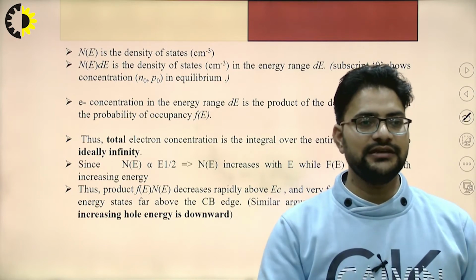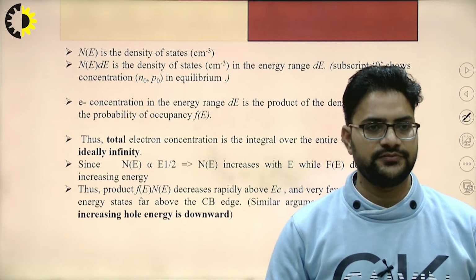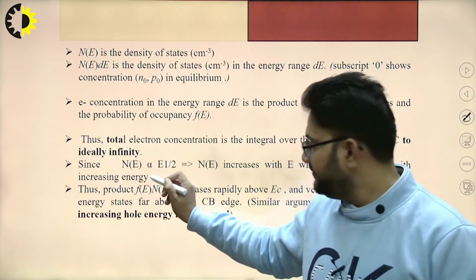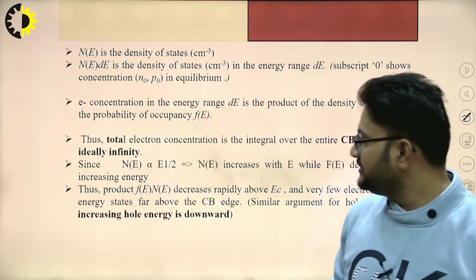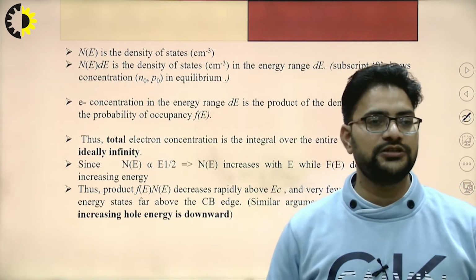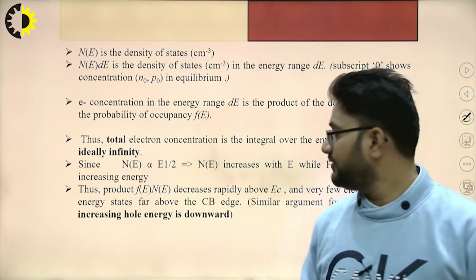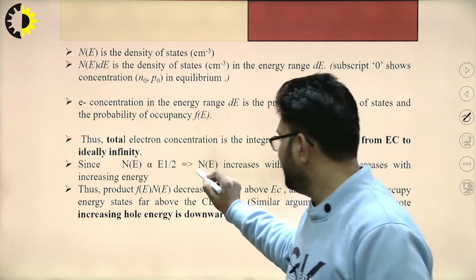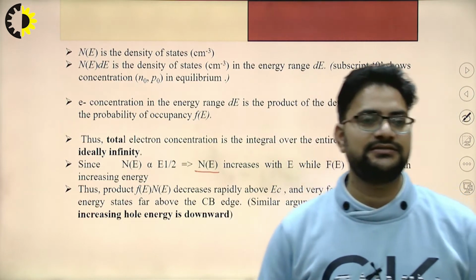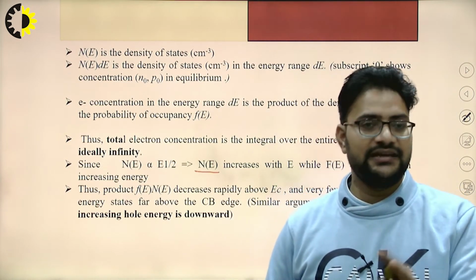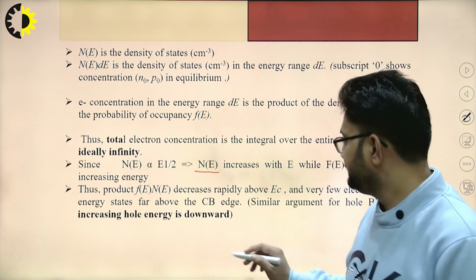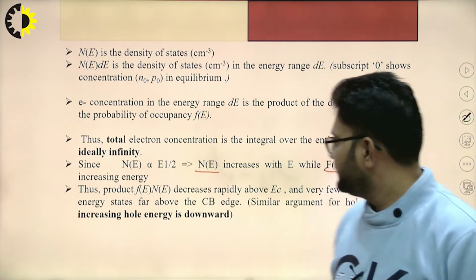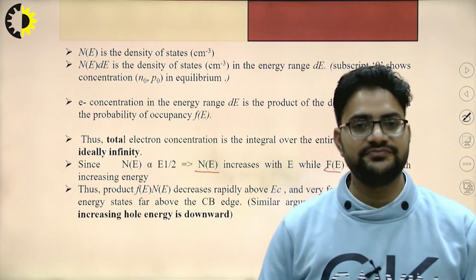From the previous relation, the density of states is directly proportional to E raised to 1 by 2, which means that N(E) increases with the energy E, while F(E) decreases with the increase in energy.